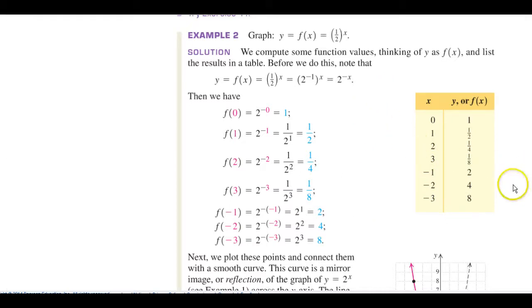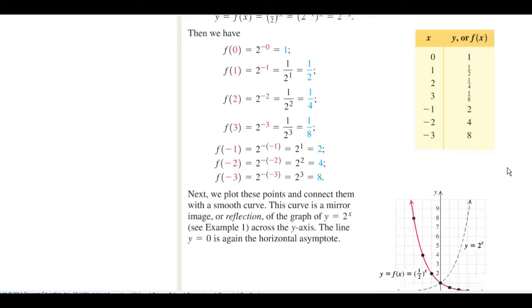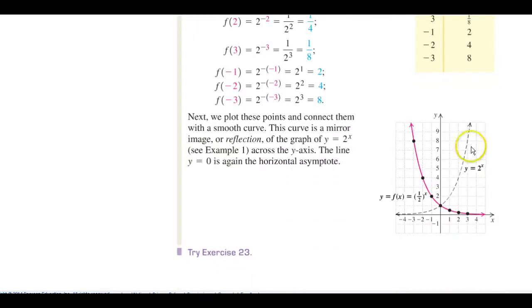So now let's take a look at the graph. And what we've done here in this graph, this was our original one where these were whole numbers and the dotted line is this curve.